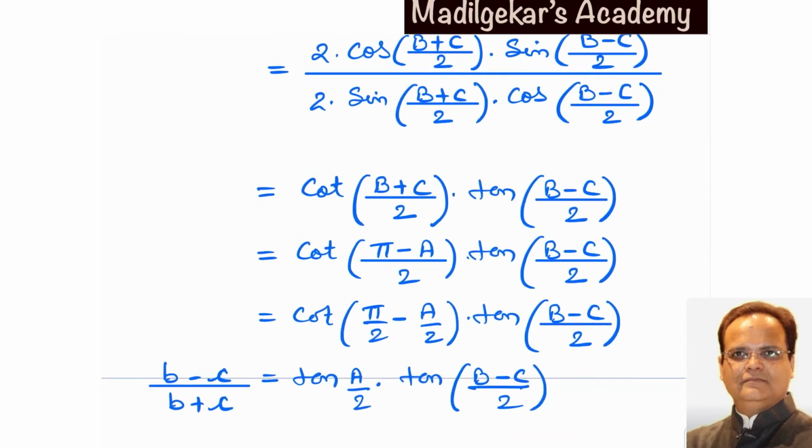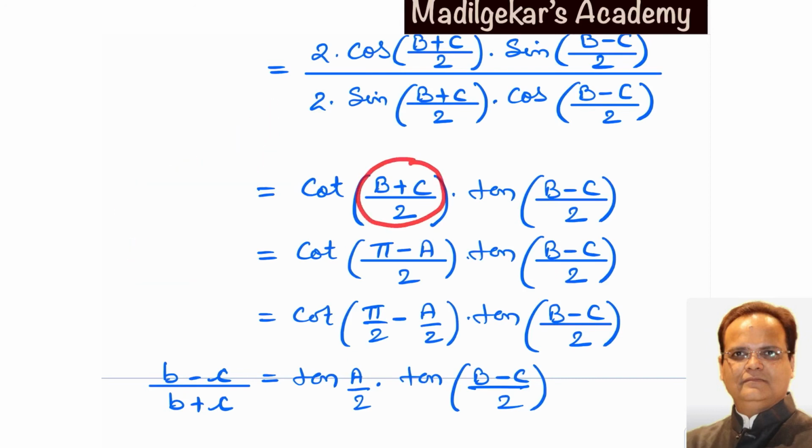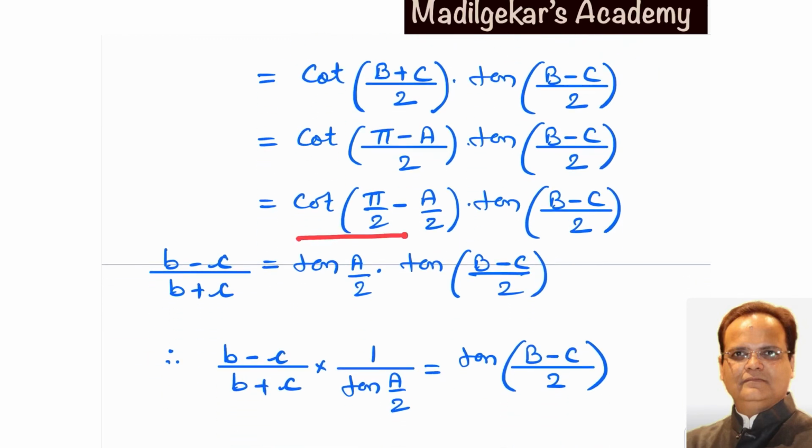Since A, B, C are the angles of a triangle, we know A plus B plus C is pi, means B plus C must be pi minus A. Dividing both sides by 2, we can replace (B plus C) by 2 by (pi minus A) by 2. That is cot of (pi by 2 minus A by 2) into tan of (B minus C) by 2.